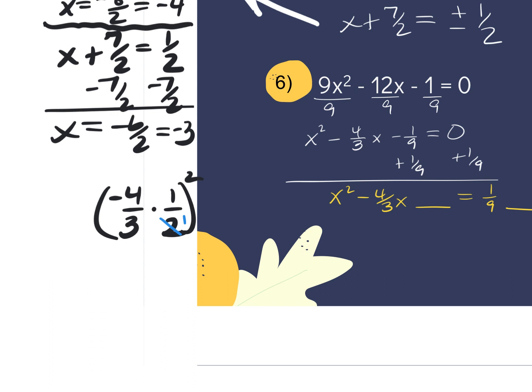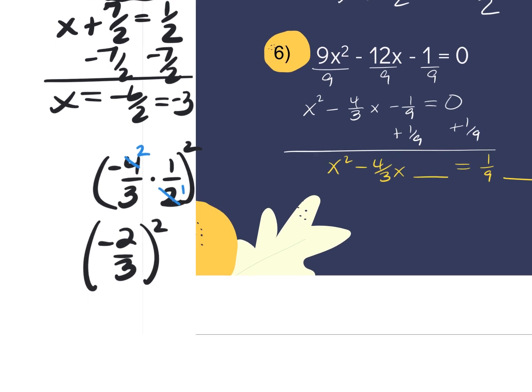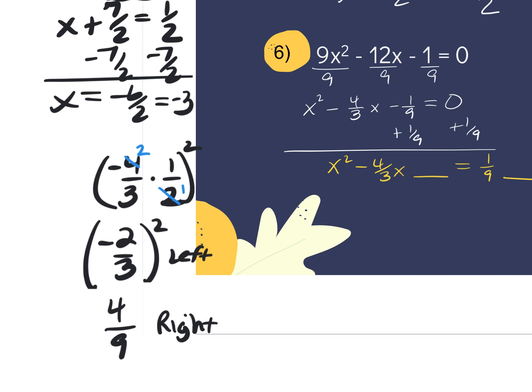You don't have to simplify diagonally, but I like to do that. So then this turns into negative 2/3 squared. I have to square it, and it gives me 4/9. This is what I'm going to add to the right side. This is what I'm going to put in on my left side, so I don't have to think about what I'm factoring.